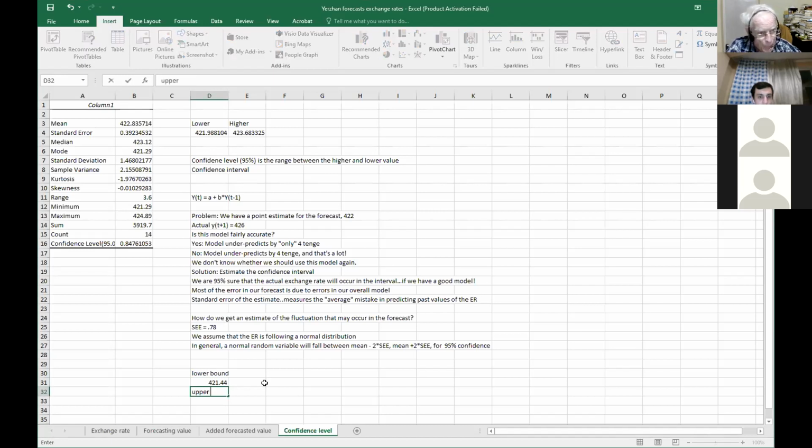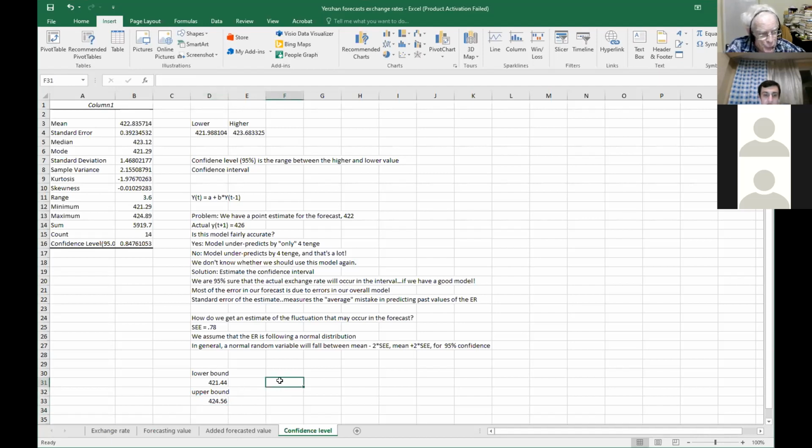And then the upper bound, same idea. Add to our expectation 2 times 0.78 for an upper bound of 425.